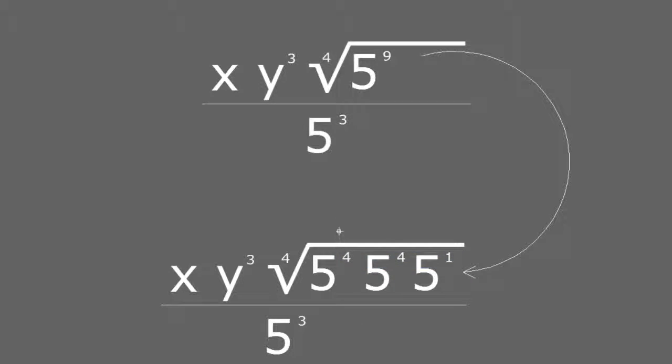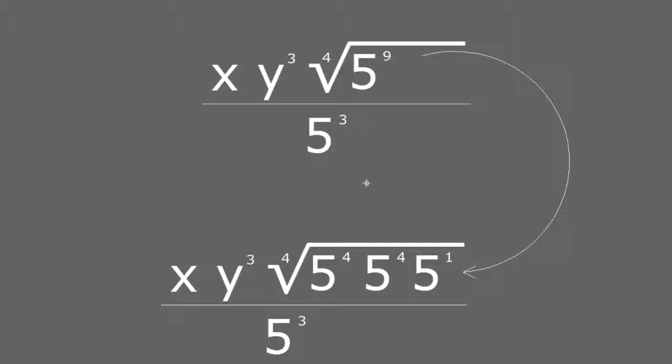This is different. This is not one power raised to another power. This is the same base numbers with different exponents being multiplied by each other. So if I multiply all of this, I get what I had in the beginning: 5 raised to the 9th power. 4 plus 4 is 8, plus 1 is 9.